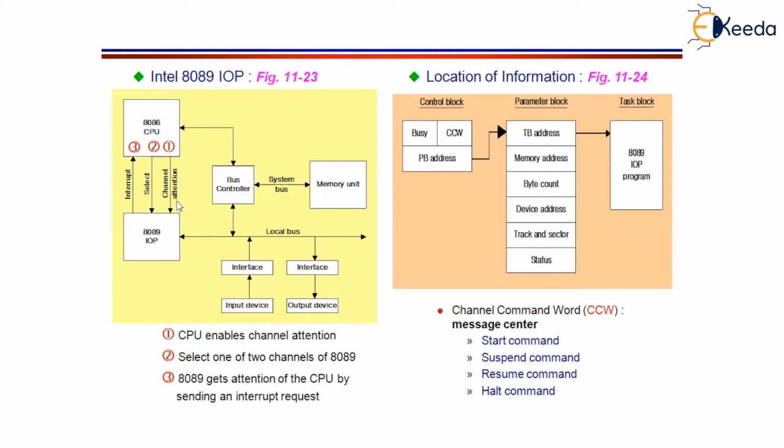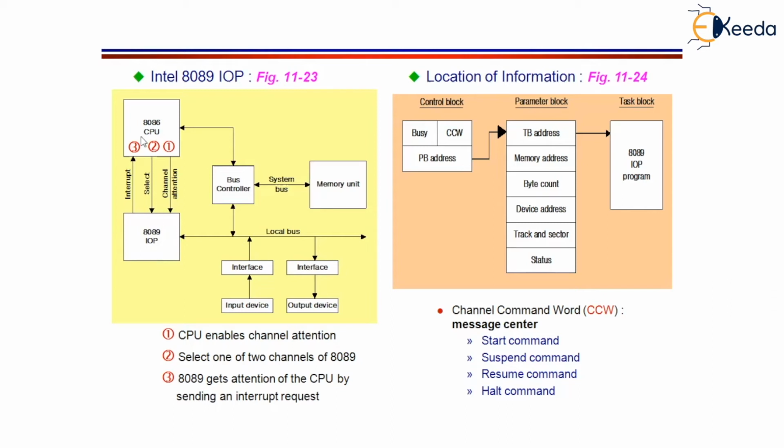The moment the channel attention line is enabled, this 8089 will be selected or invoked. By using the select line, it is going to select one of the two available channels. So only to one specific channel it is going to initiate the IO program.